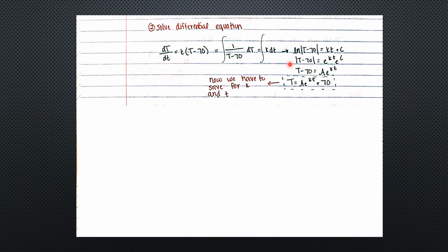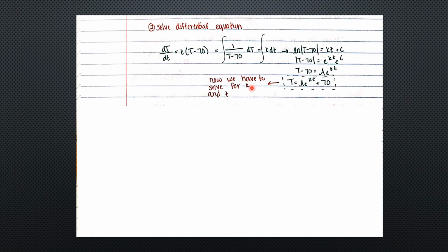We can get rid of this absolute value sign and this e to the C power by replacing that with a constant A. When we do this, we get T minus 70 equals A times e to the kt power. When we add 70 to both sides, we get our equation T equals A times e to the kt power plus 70.